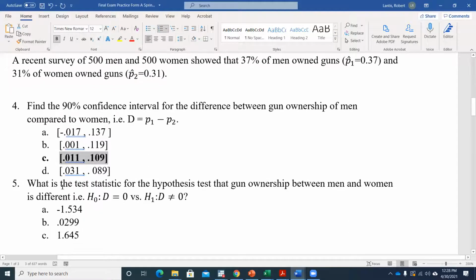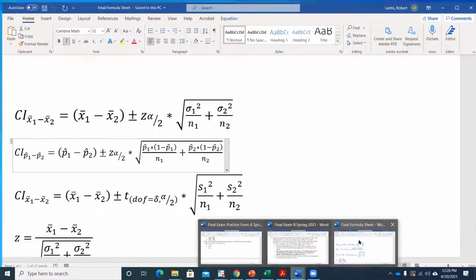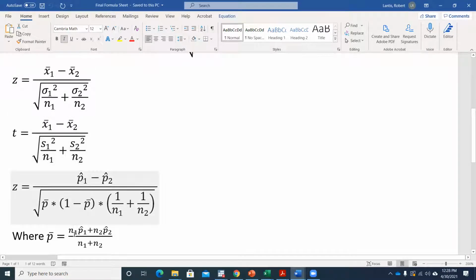So what if I want to find a test statistic for this example? Once again, I go to my formula sheet. I've got my test statistic equations. I'm dealing with proportions, so hopefully it's pretty easy to identify that. I'll first find P bar by plugging in those sample sizes of 500 and my two sample proportions.